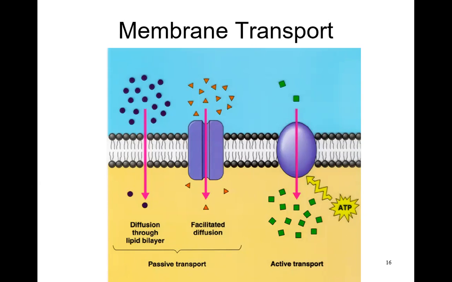Glucose comes in the same way. Glucose comes in through facilitated diffusion. Glucose is a large molecule, and it is not fat soluble. So it's not going to slide through the membrane very easily. But there are channels that can open up in the cell to let glucose come through. That's what insulin does.